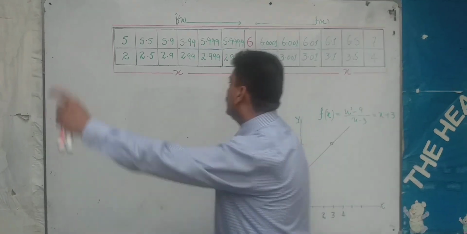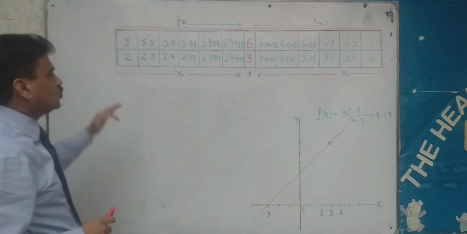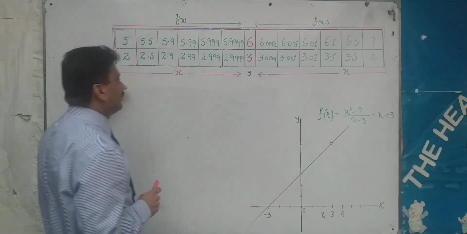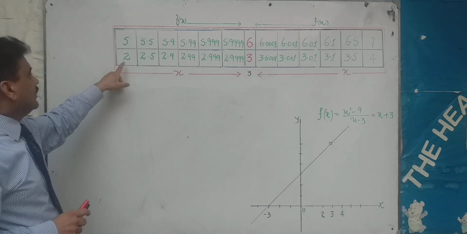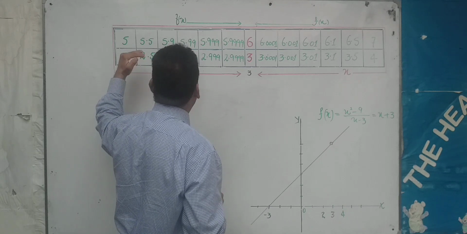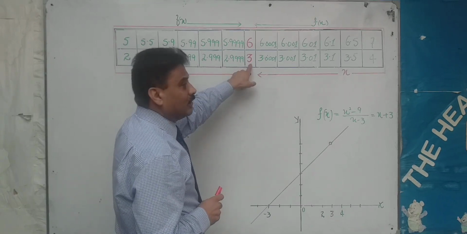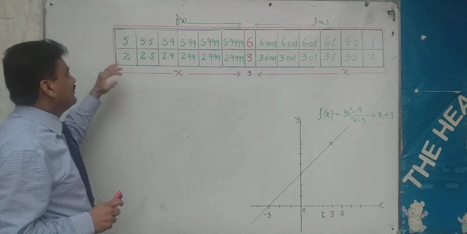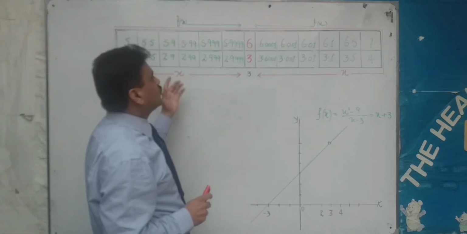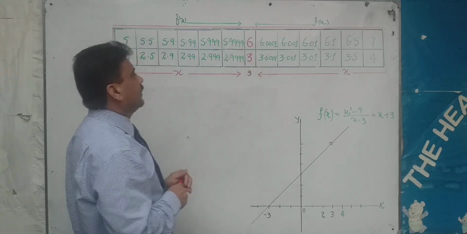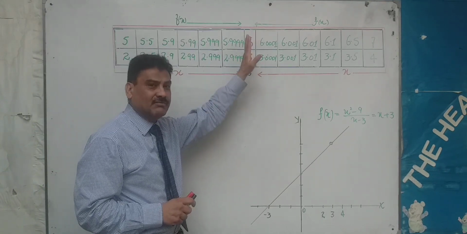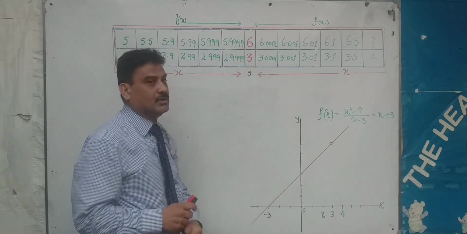Similarly, from the left side, when we approach 3 from smaller values, 2, 2.5, 2.9, the function value continuously increases and tries to become closest to 6. From this we conclude that 6 is the limiting value of the function as x approaches 3.